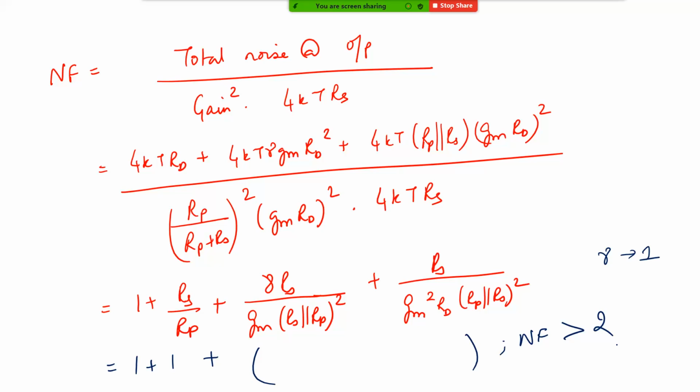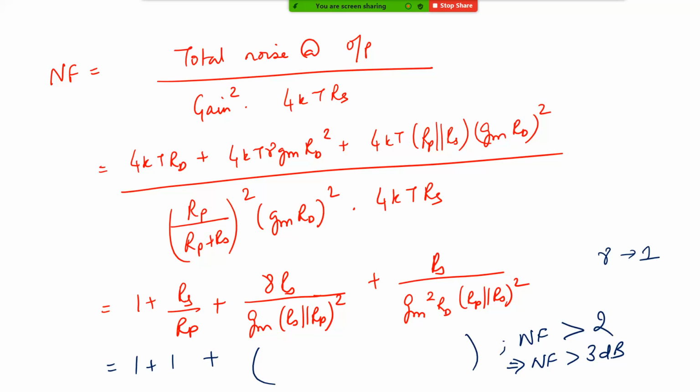So a noise figure greater than 2 basically means that noise figure is greater than 3 dB in the logarithmic scale, which is quite a high value. We want to design an LNA whose noise figure is not so high. In fact, the noise figure of this will be much higher because of the other two terms.